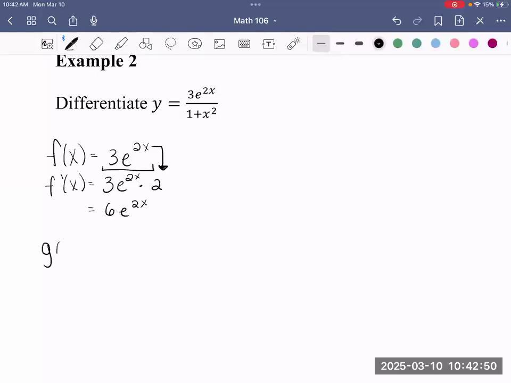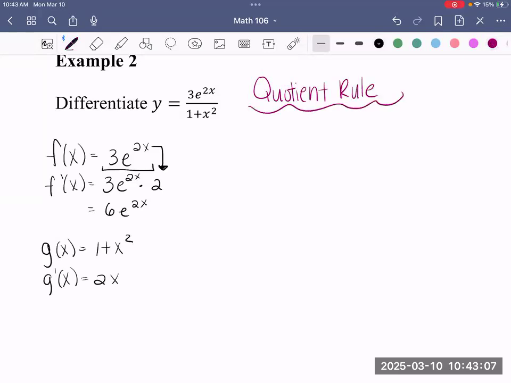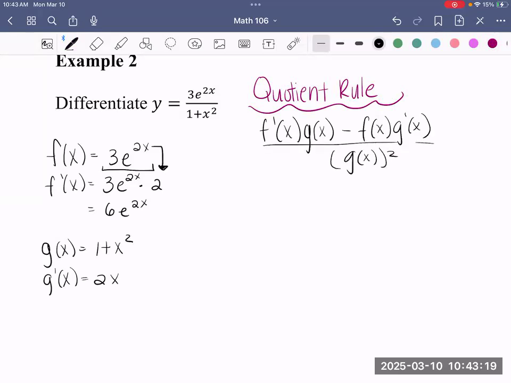So now g of x, we have 1 plus x squared, and its derivative, 2x. Now we're going to be recalling your quotient rule. Quotient rule, we're taking the derivative of the first, leaving that one alone, and so on, all over g of x squared.